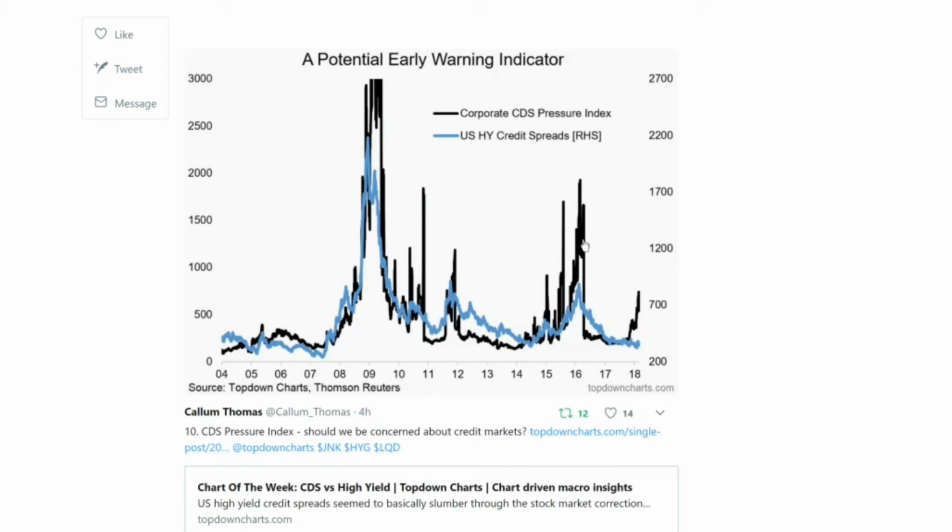The reason you would think about using that as an early warning indicator is that if you started to see stress in one sector or a group of sectors, that could potentially be a harbinger of wider or broader spread widening.